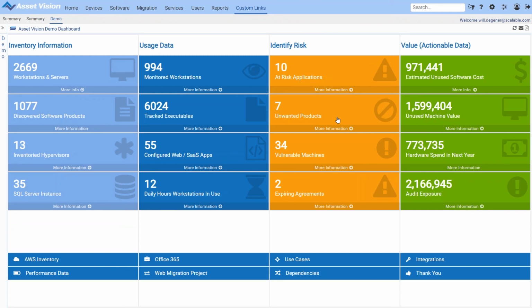It's just a flag, and then we'd have a dashboard. Vulnerable machines: we collect patch information when we interrogate those machines as part of the inventory, so we can identify things that aren't up to patch standards. Expiring agreements: if customers augment with their entitlement information and their agreements, we can of course report on that and the associated exposure based upon usage, should we want to.